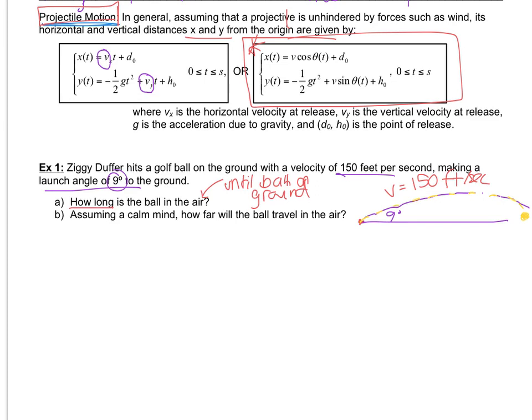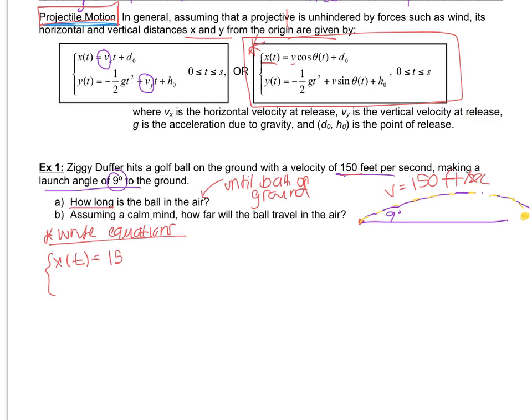So the first step that we need to do is write our equations. So again, we're going to be using these equations, and let's break them down piece by piece as we write them. So the first thing is we write x of t equals, x in terms of time, horizontal distance in terms of time, equals v, which is the initial velocity, 150 feet per second, as stated in our problem.